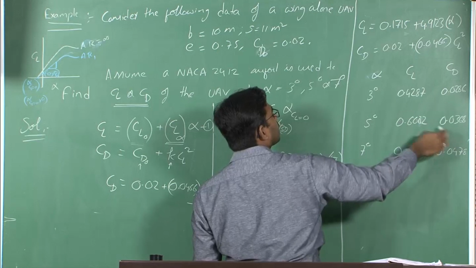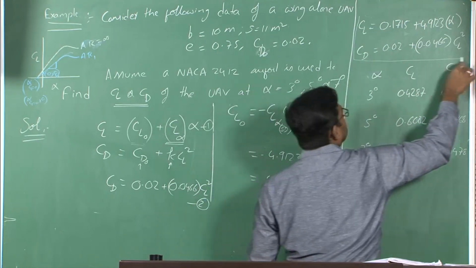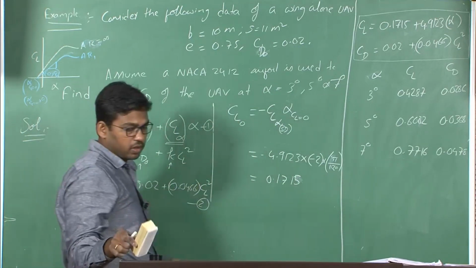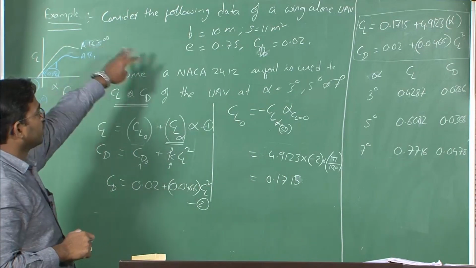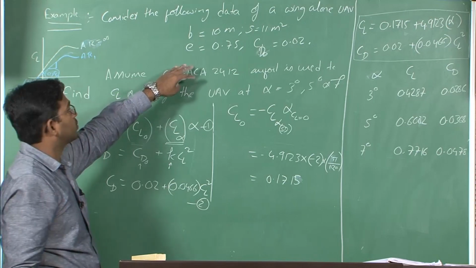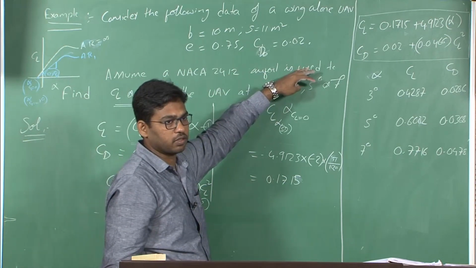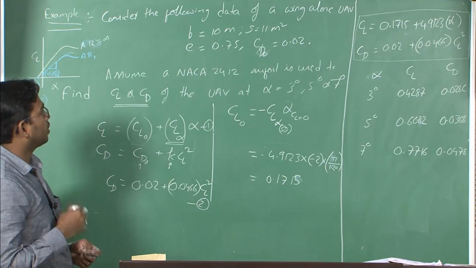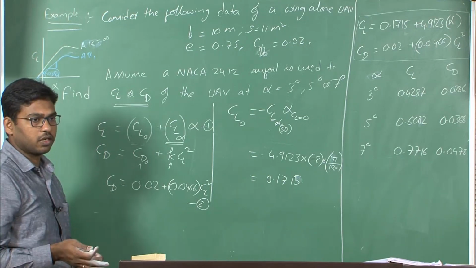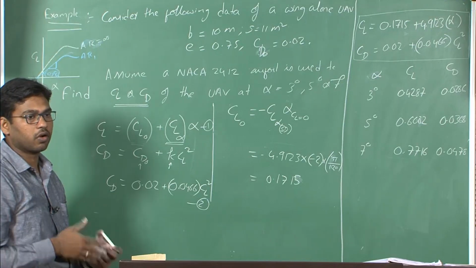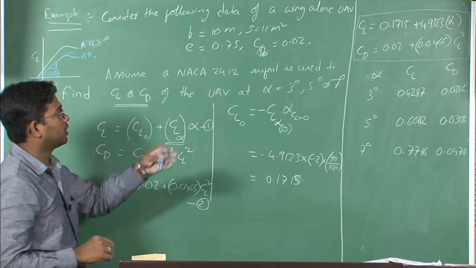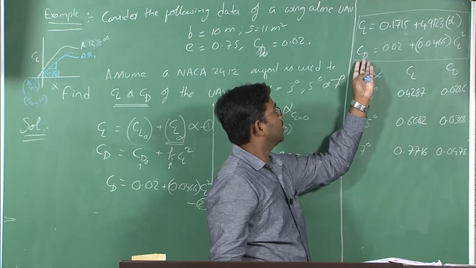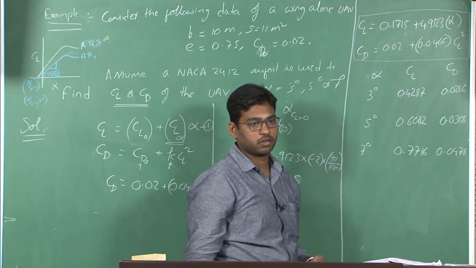All these values are obtained by using these two equations, right. What we have done is, given a wing planform geometry, Ostwald's efficiency factor and profile drag coefficient, we figured out the CL alpha of this wing and the CL naught of this wing, and then we calculated the corresponding lift coefficient and drag coefficient at different angles of attack.